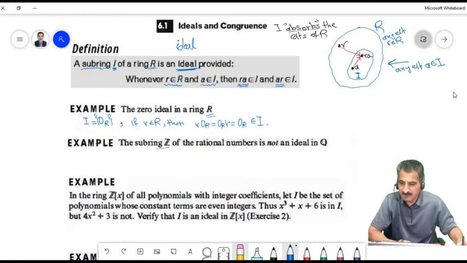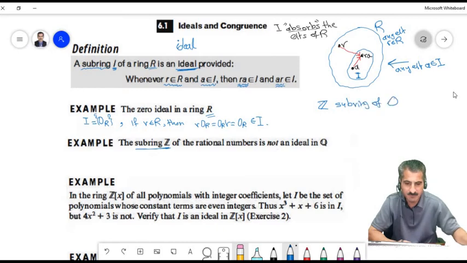Now the subring: we know that Z is a subring of Q. Remember that Z is a subring of Q, where addition and multiplication are the regular ones. But Z is not an ideal of Q. How to show a given subring is not an ideal?